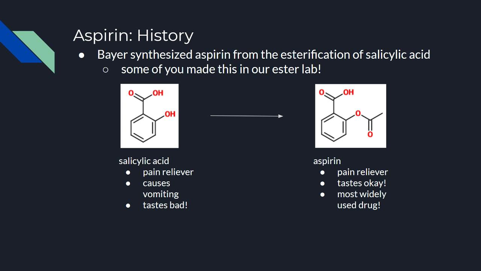And aspirin is the drug we know today. It's still a pain reliever. I don't think most drugs in medicine really have a good or bad taste, but we know that it's okay and that it's tolerable now. And this is one of the most widely used drugs. It's one of the top 3 drugs, if I'm not mistaken, that are sold worldwide.